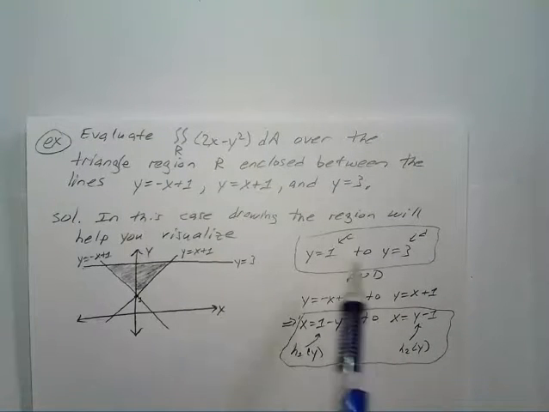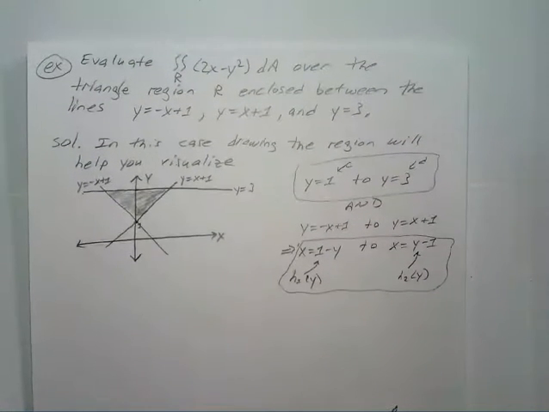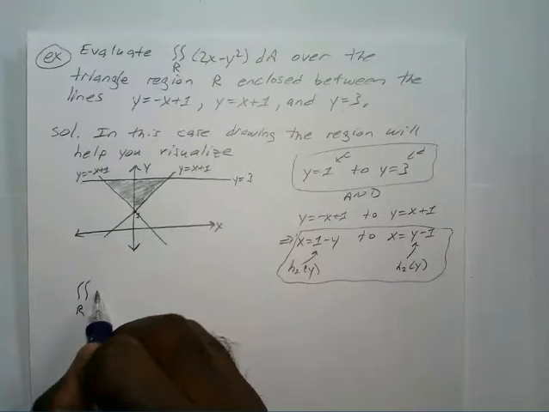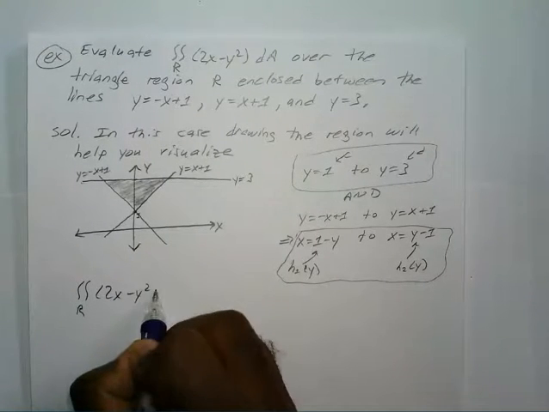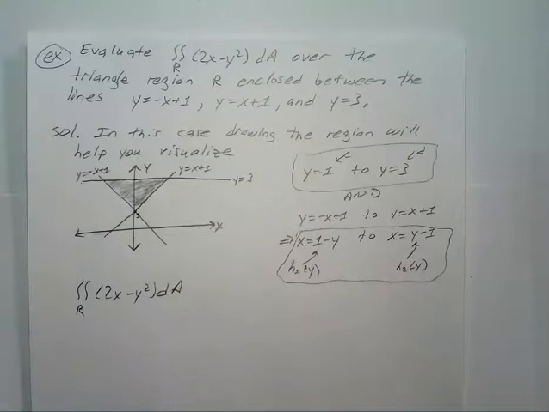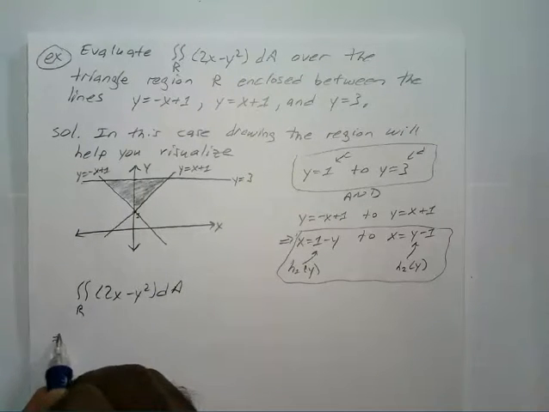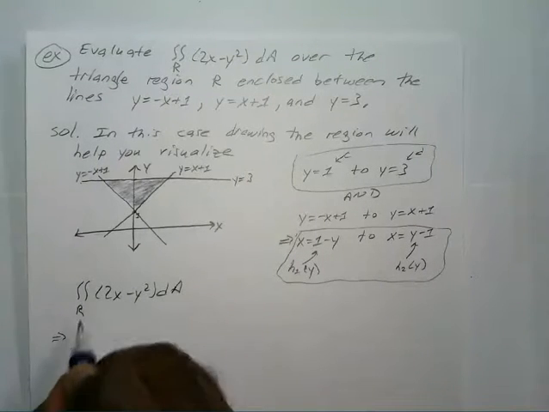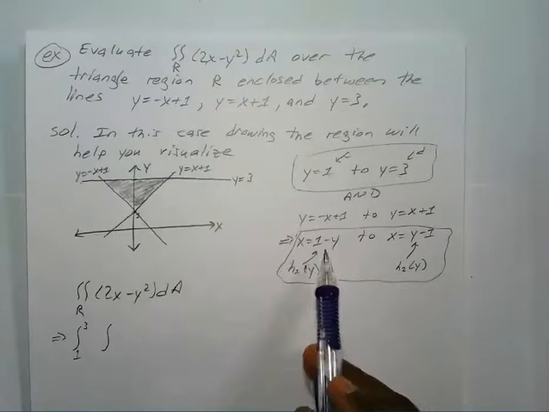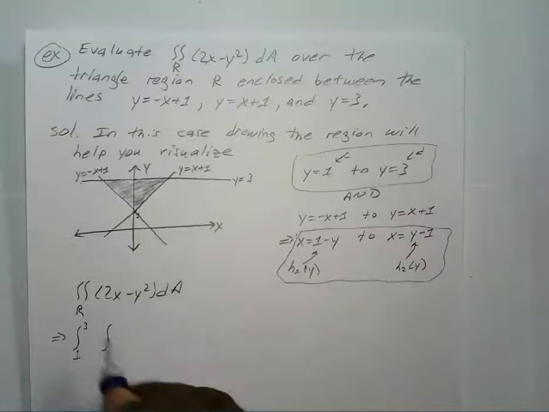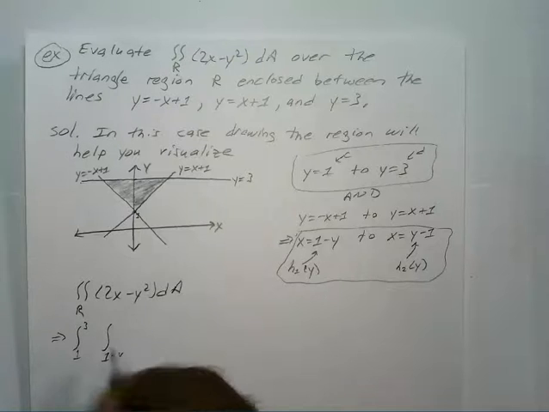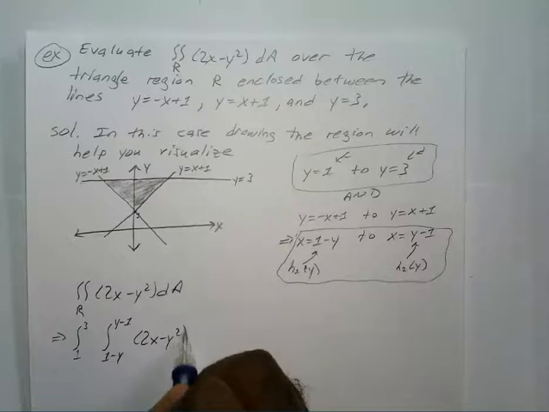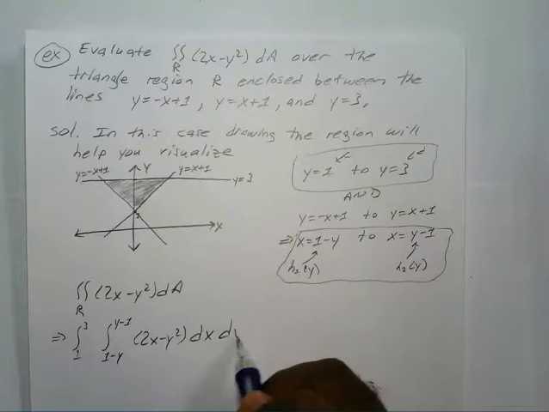Now that we have our boundaries, we can go ahead and plug those in. So our double integral of 2x minus y squared with respect to our area, we're going to make that from 1 to 3, and again, from 1 minus y to y minus 1, of 2x minus y squared with respect to x with respect to y.